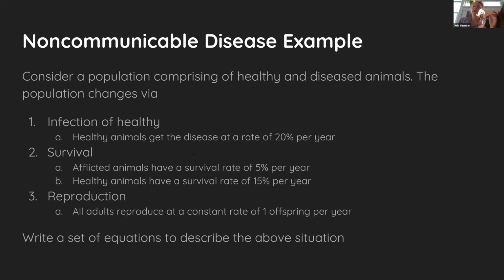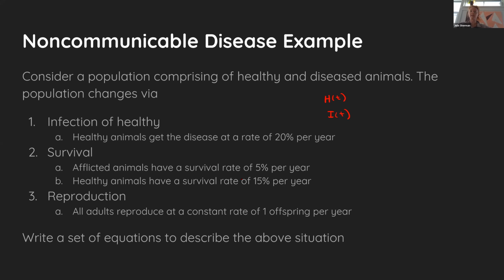So I'm going to go through this example, and I'm hoping that you will help me write a set of equations to describe this system. So we're considering two types of animals. We're going to have healthy animals and infected animals. So we assume that the healthy animals get the disease at a rate of 20% a year, and they have different survival probabilities.